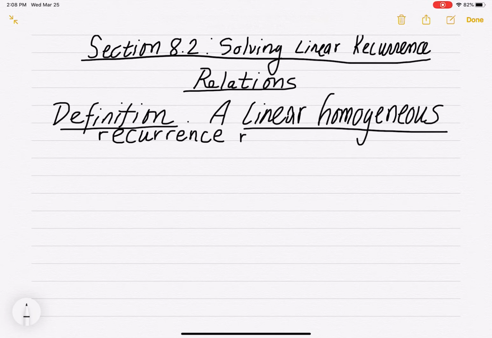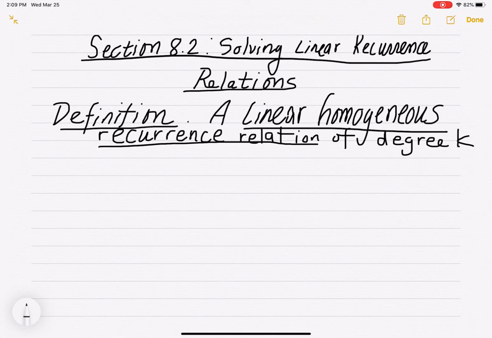Relation of degree k. That's what we're defining, a linear homogeneous recurrence relation of degree k with constant coefficients.